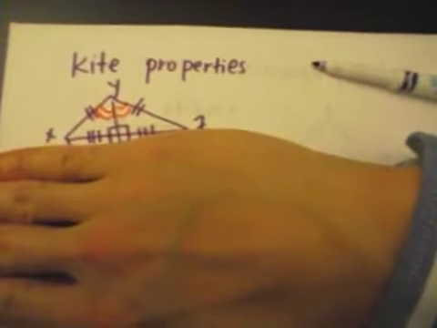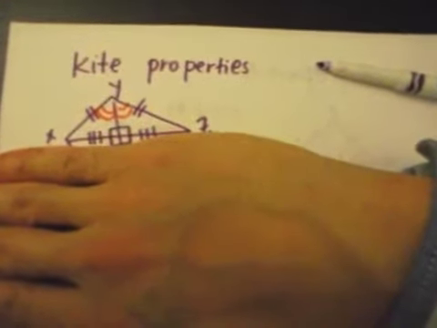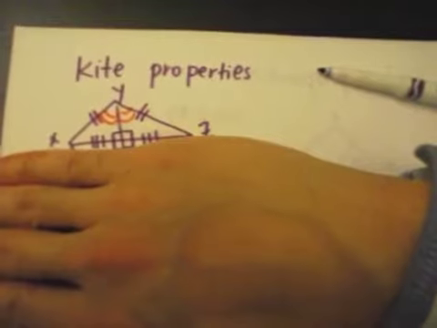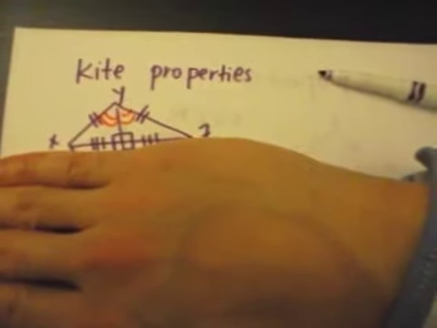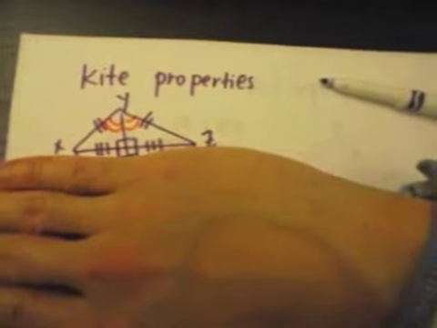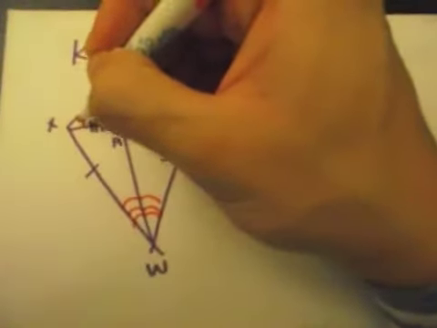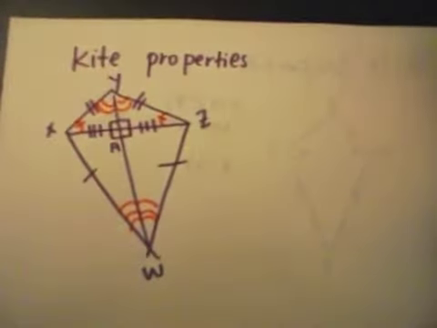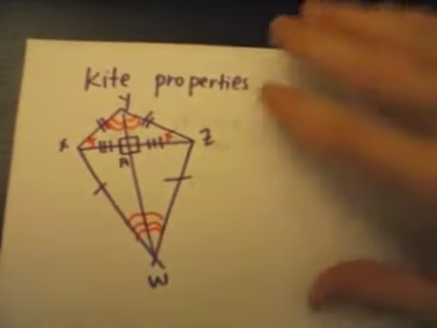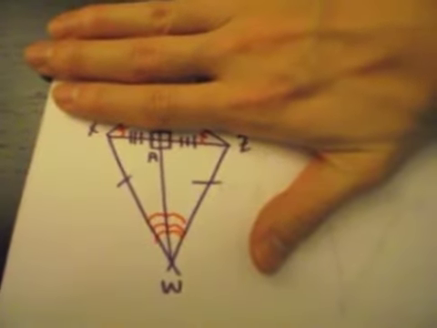And we made the discovery that triangle XYZ is actually an isosceles triangle, which means that angle YXZ has to be congruent to angle YZX. So we also came to the conclusion that these angles have to be congruent as well. And by similar reasoning, if I cover the top part of the kite, you also have an isosceles triangle here.